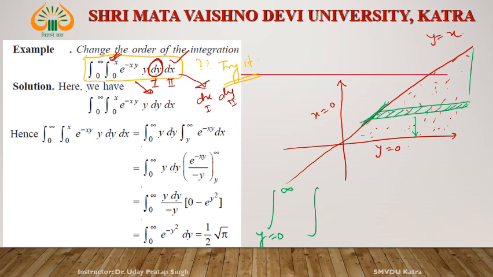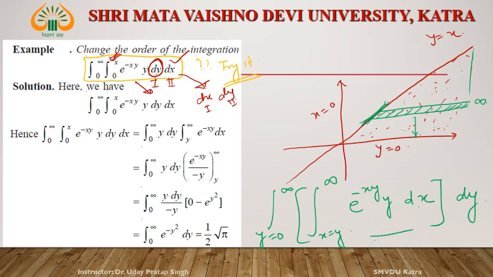And what is the straight line? x equal to y, and the upper portion lies at infinity, x equal to infinity. So e to the power minus xy, y, then dx first, with respect to dx and then dy. Okay, now you can see this integral is easy in comparison to this one. You can easily verify it, and the value of the integral is 1 by 2 square root of pi.